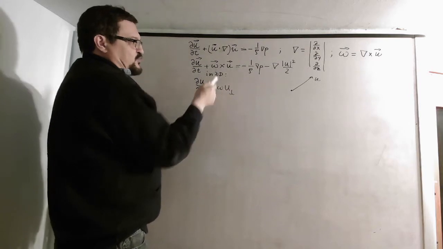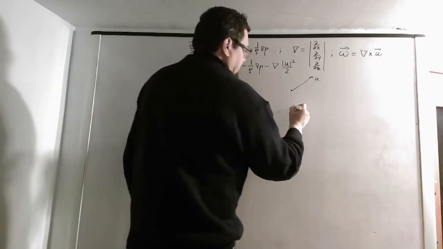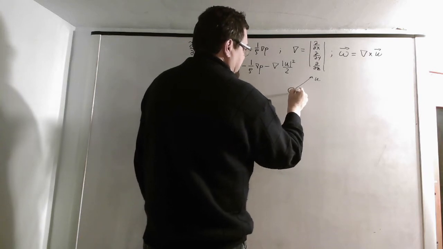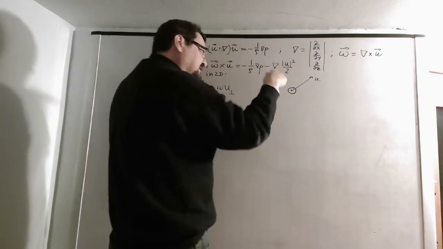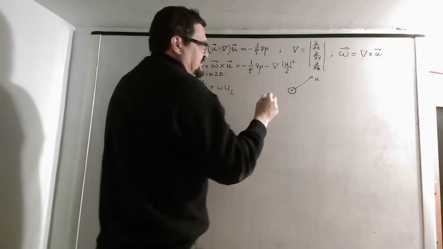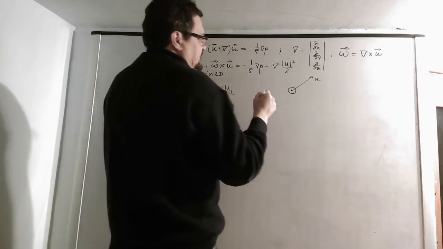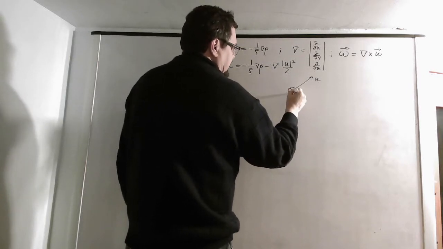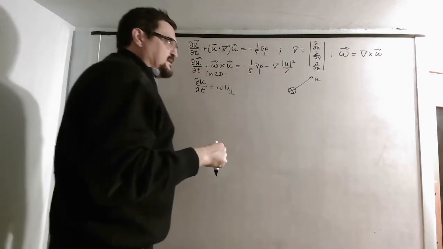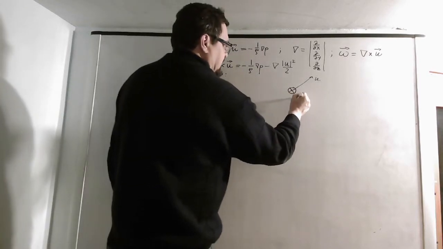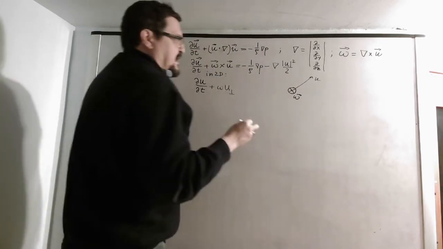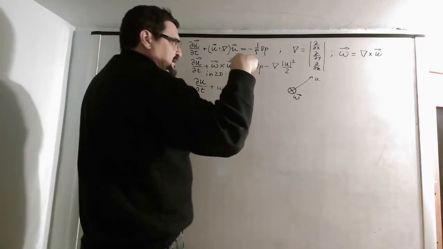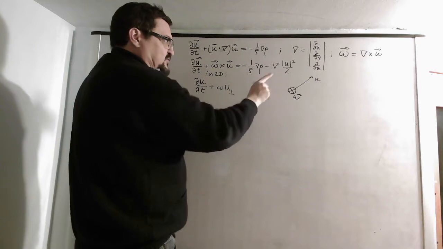It's a vector product. u is horizontal, like that, and vorticity is in this direction. Let's say it's pointing into the board. So this is the omega vector, and your vector product has omega in this direction and u in that direction.